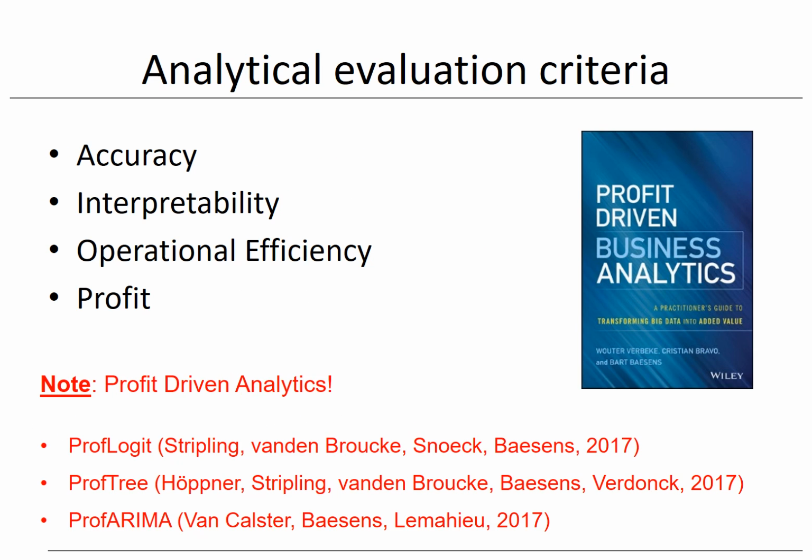Now, with this introduction being covered, let's now have a look at some analytical evaluation criteria. And when I said that I'm going to give an academic perspective on a day in the life of a data scientist, basically one of the things I always complain about is that many academics nowadays, when they talk about analytics, they focus on accuracy, on developing statistical meaningful and statistical accurate models.